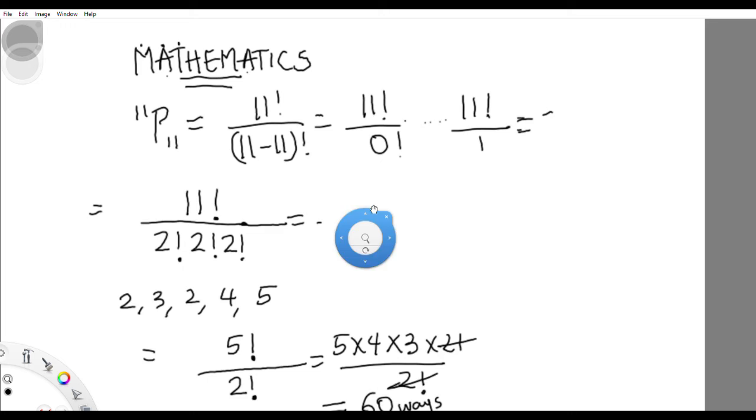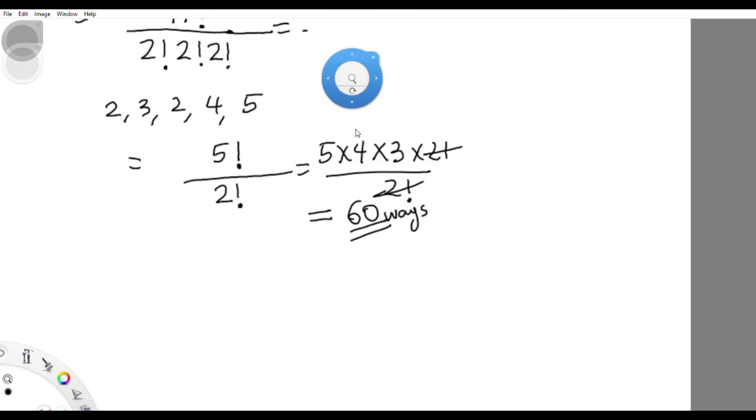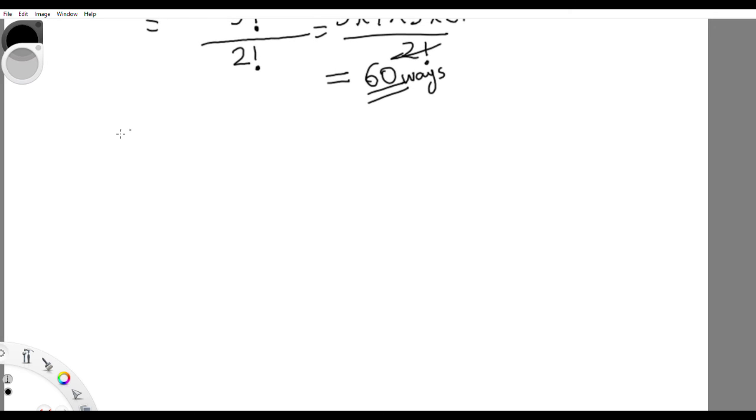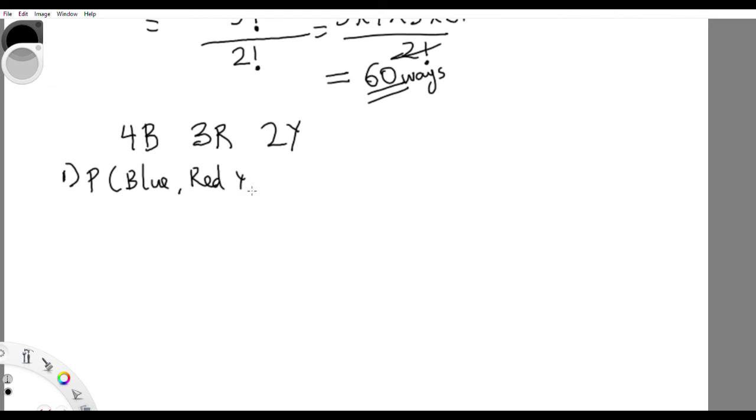Now that brings us back to the question we left the other time, picking balls in a bag. In a bag you have 4 blue balls, 3 red balls, 2 yellow balls. If you are picking 3 balls at random with replacement, firstly find the probability that you are picking blue, red, yellow.